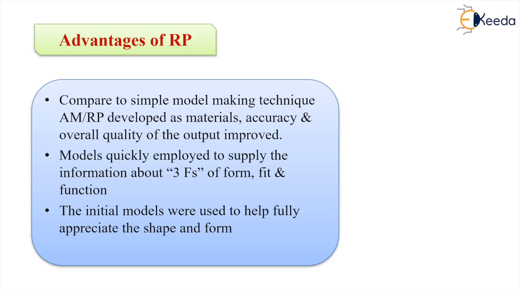Definitely, when we produce something, to make the final product it has to be assembled with some other product, and in assembly we require fits. So improved accuracy in this technology helps to make the product for the required assembly purpose, and the required assembly purpose is only possible with the required fits.